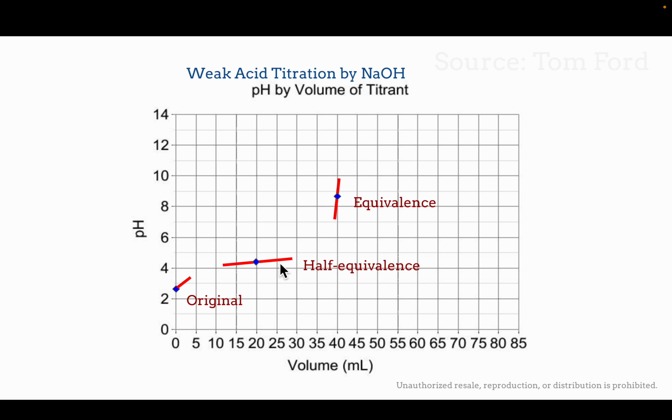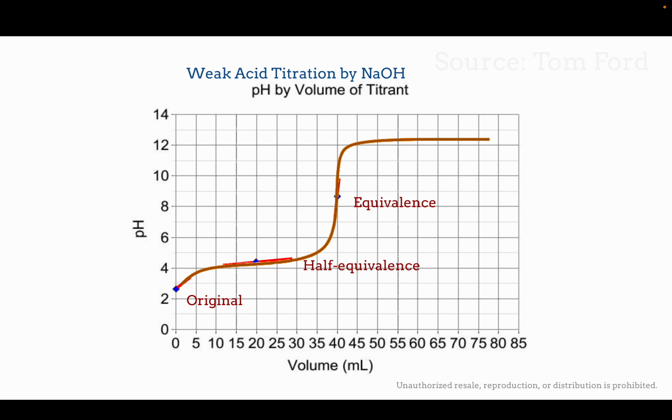That's our buffering zone. At the equivalence point, the graph should rise almost vertically. After that, where sodium hydroxide becomes in excess, the pH levels out near 12.5, typical for a titration ending with a strong base like sodium hydroxide.